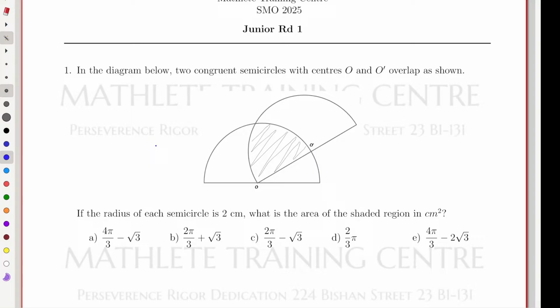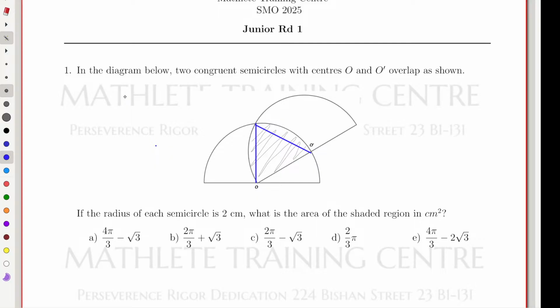So for this question, I think that this is not too difficult, especially since this feels almost like a PSLE type question, right? So what we can do for this shaded region is, let me try to cut it up. So I'll cut it up like this, right? And I'll cut it up like this.